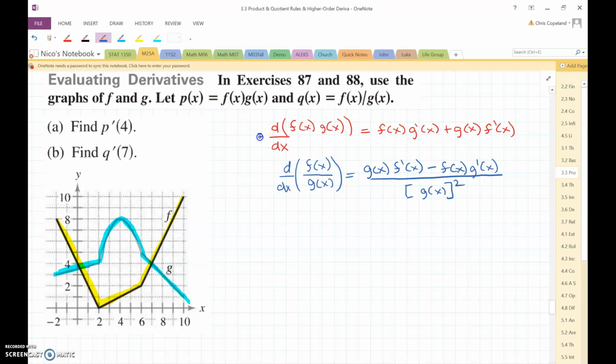This would equal p prime of x, and this would equal q prime of x. So now we're going to use this information to find a and b.